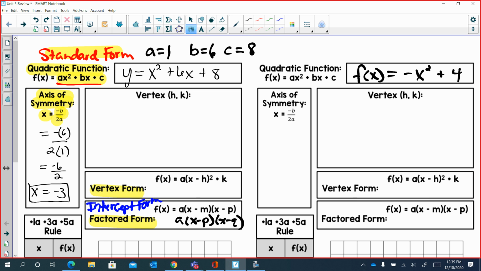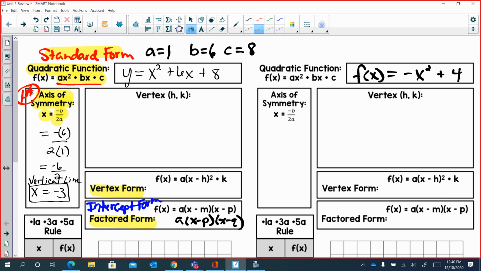Because your axis of symmetry is always going to be a vertical line. All right, now, so this is first.